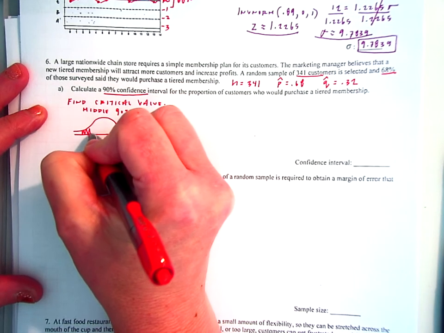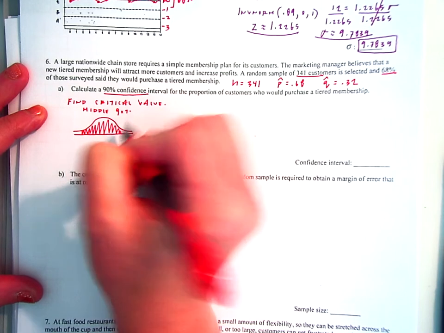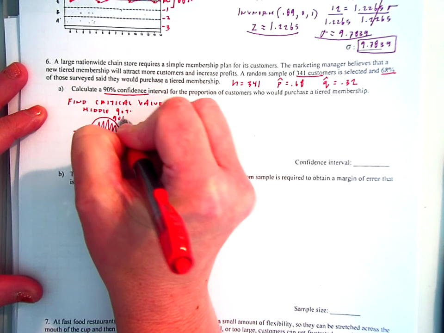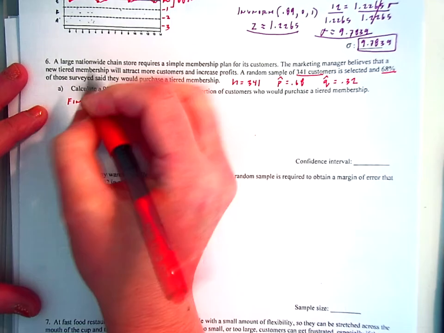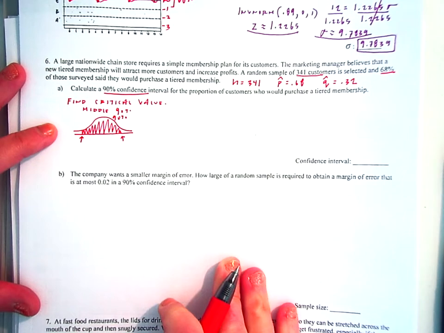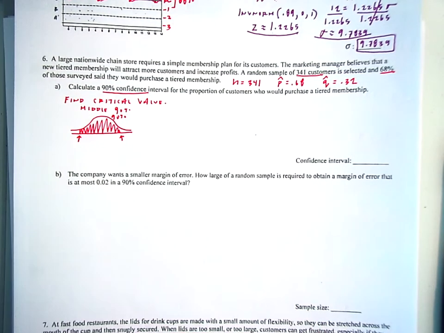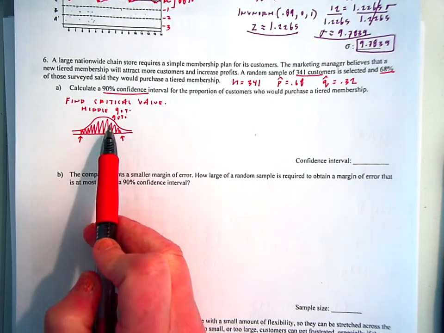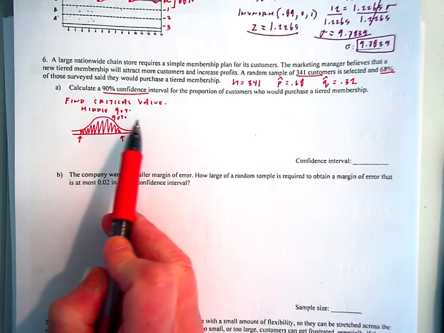Here is roughly the middle 90% of my data. I need to figure out what would be these two z-scores, right? Because when I take absolute value of it, that is going to be my critical value. So when I look at the middle 90%, I have 10% in these two tails.